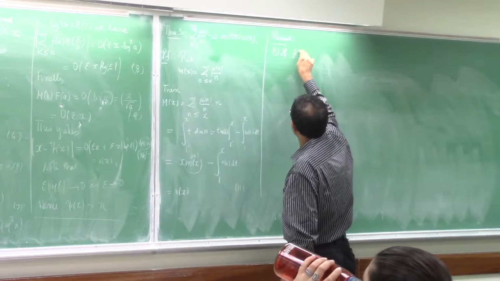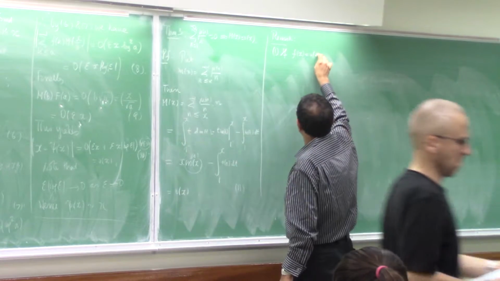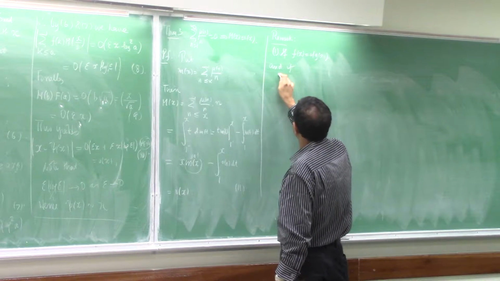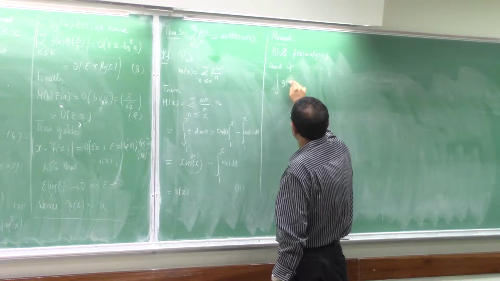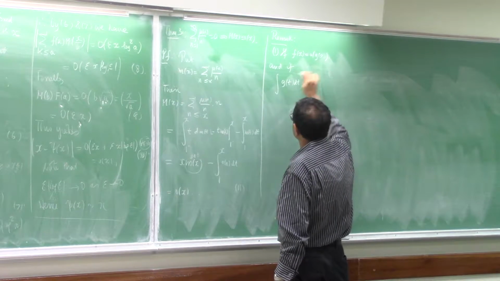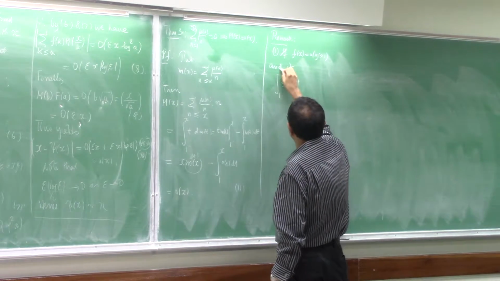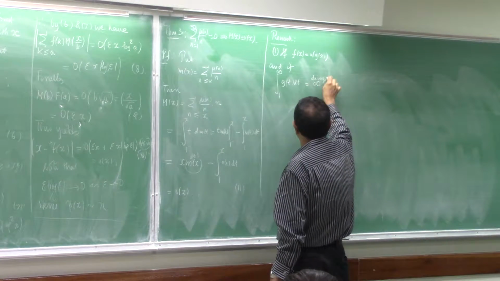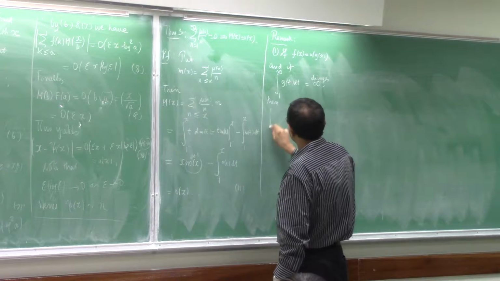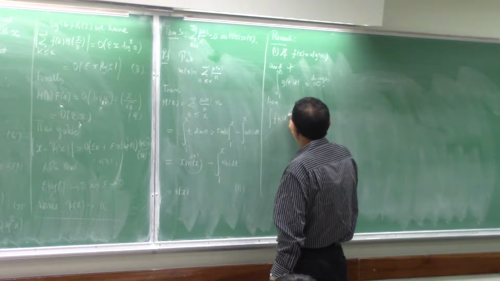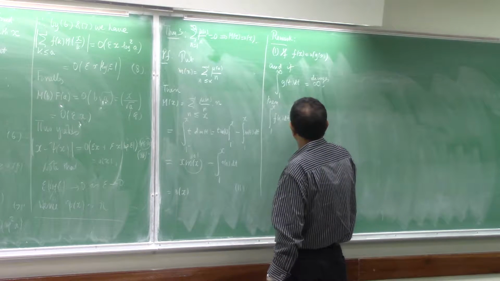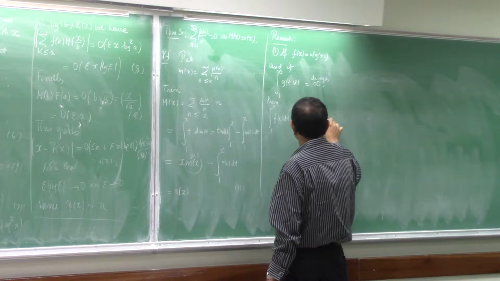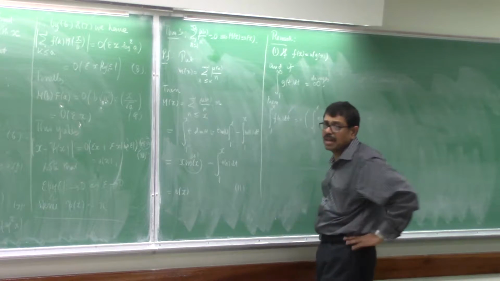If I have two functions, f of x is little o of g of x, and if the integral of g of t dt, this positive function, from 1 to infinity diverges, then the integral of f of t dt from 1 to x is little o of the integral from 1 to x of g of t. So this is only in the divergent case, not in the convergent case.